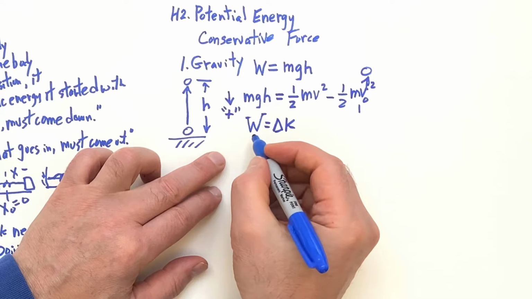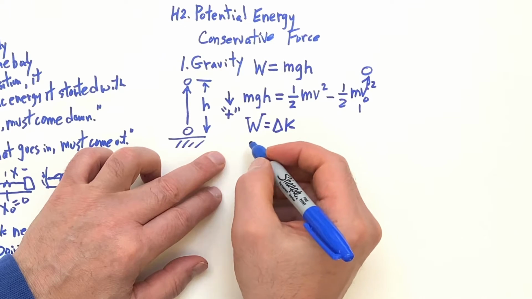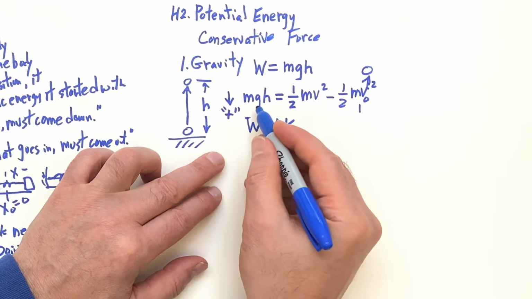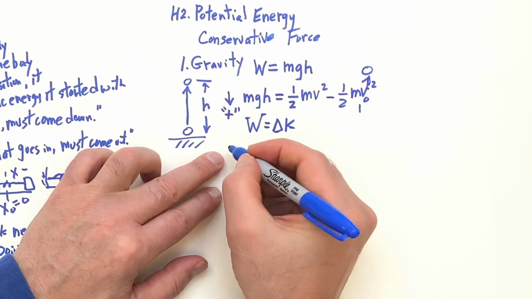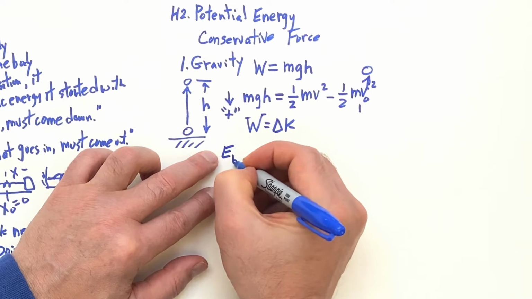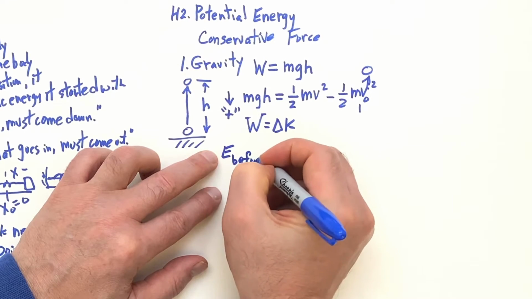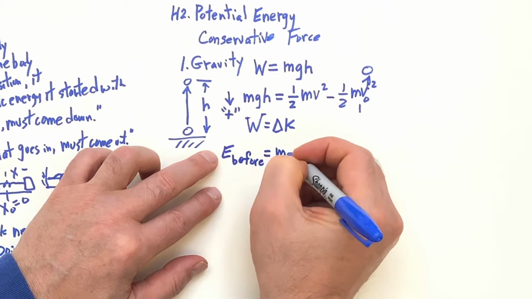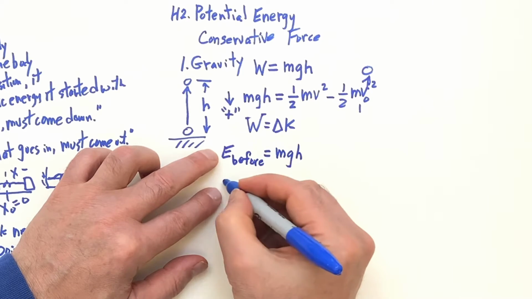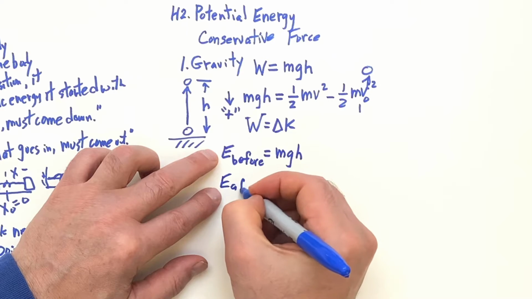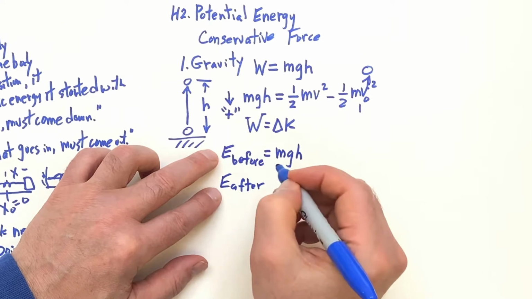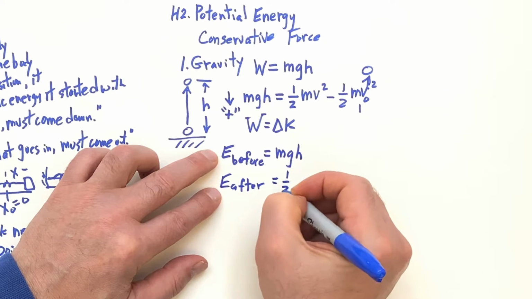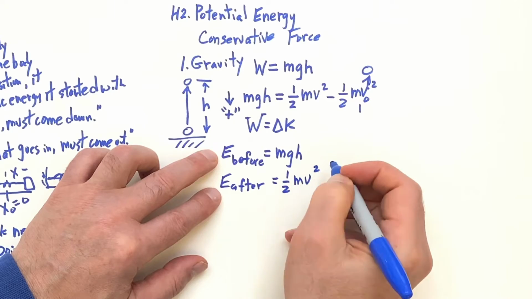So if we look at this, we could say that before, you have potential energy, the energy before is equal to mgh, and the energy after, that's after it falls, is about to hit the ground, is 1/2 mv squared.